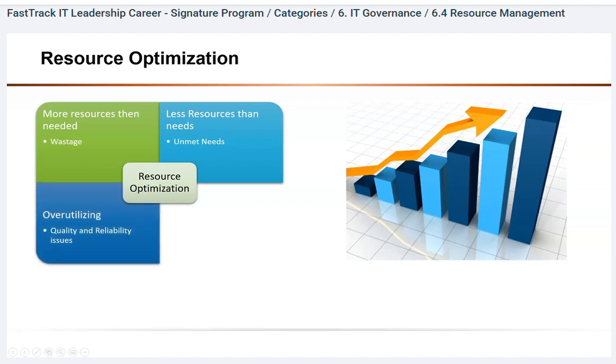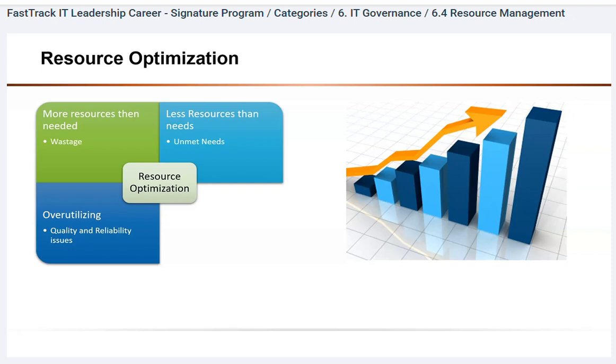At the same time, let's say you have the right number of resources, but you cannot overutilize them. If you overutilize them, you may run into quality and reliability issues. Let's say a project has 10 members, but you're squeezing the maximum out of them, or they may try to finish faster if there's no right time available.